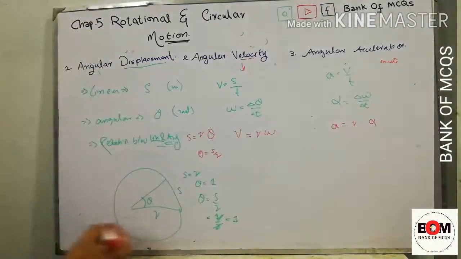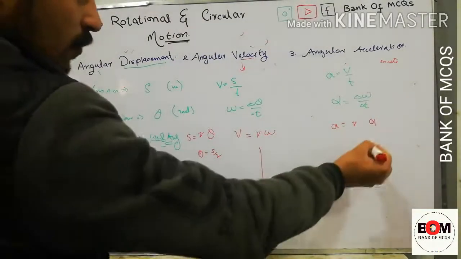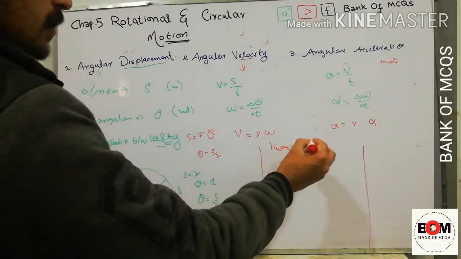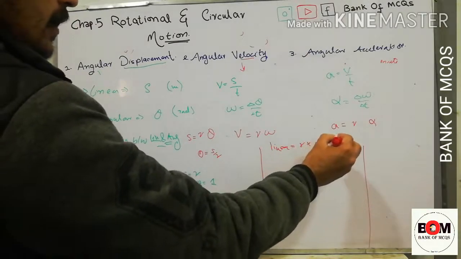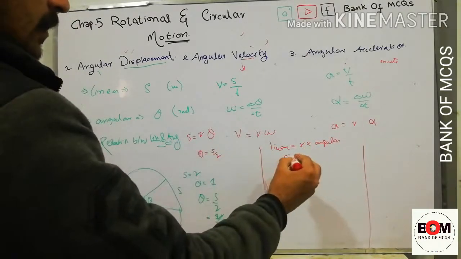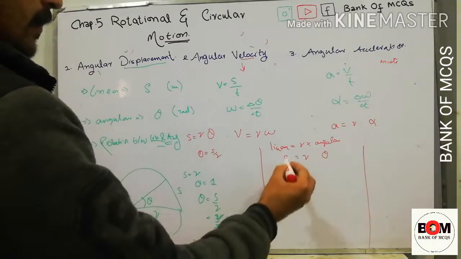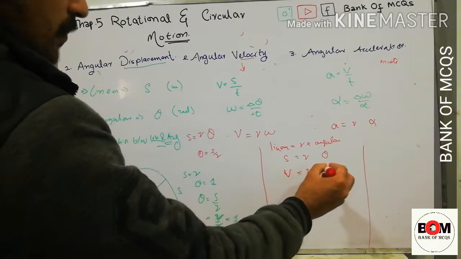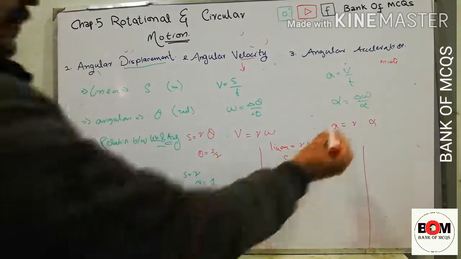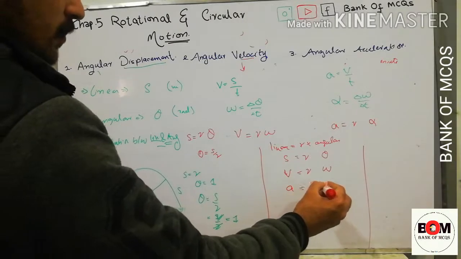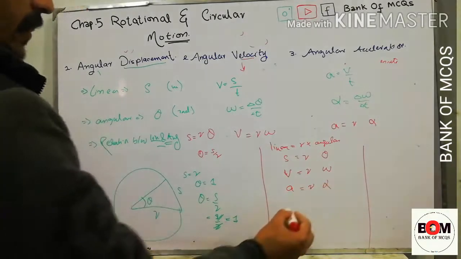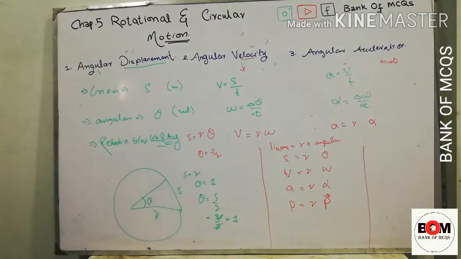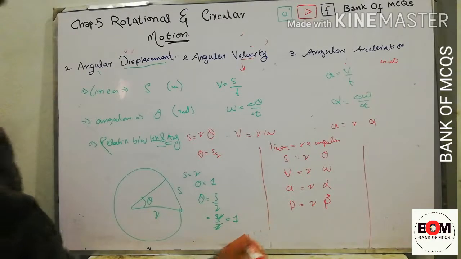So the result is that the relation between linear and angular: linear is equal to r multiplied by angular. In this case s is equal to r multiplied by theta, velocity is equal to r multiplied by omega, acceleration is equal to r multiplied by alpha, and linear momentum is equal to r multiplied by angular momentum, and so on.